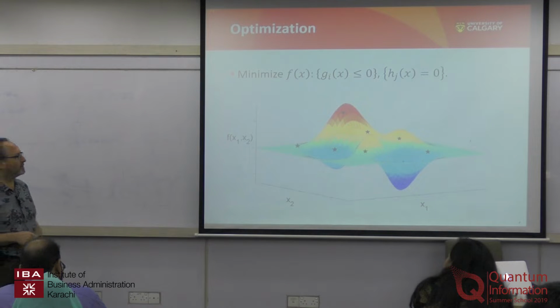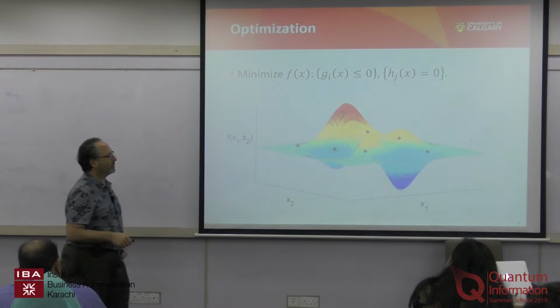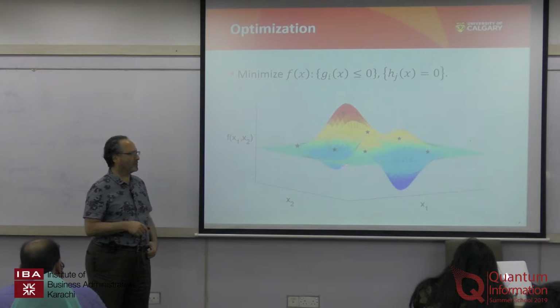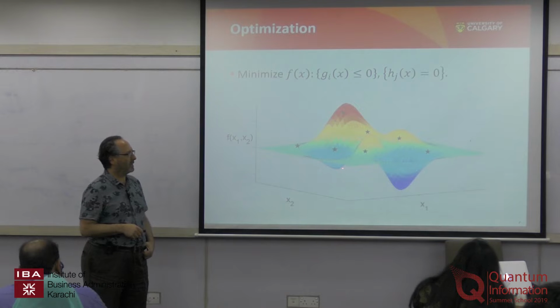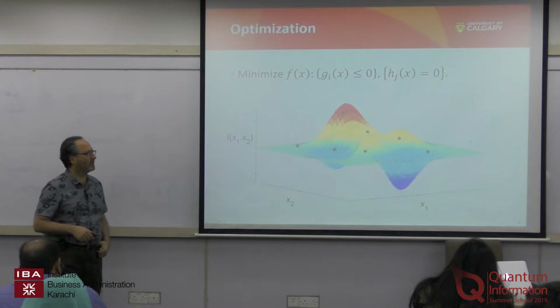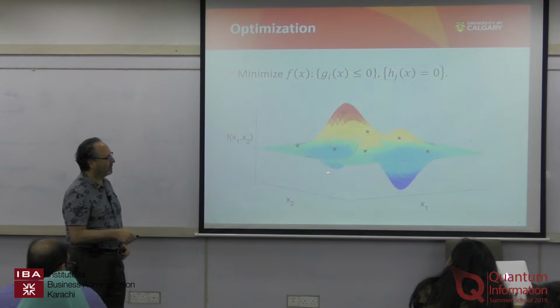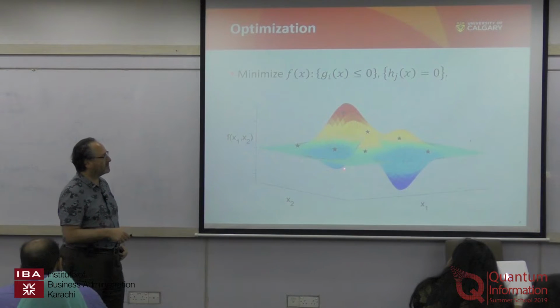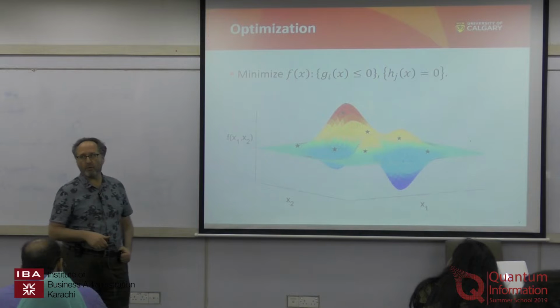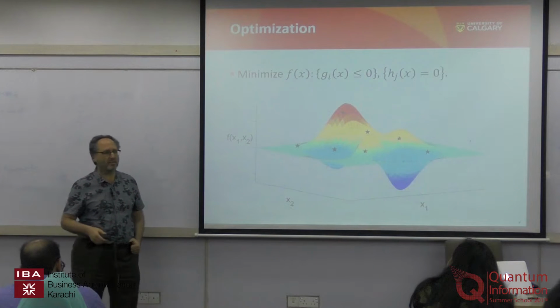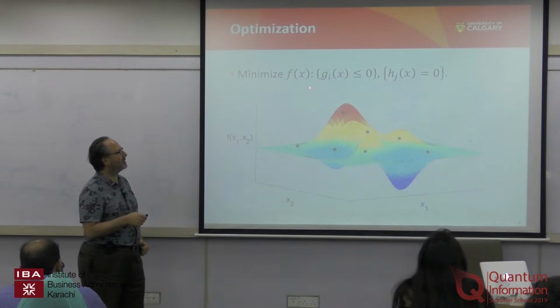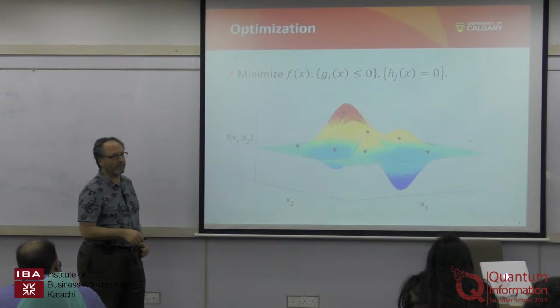Most optimization methods that are used are built around believing that there's only one minimum, so it ignores traps. And the problem of trying to find minima where there are multiple local minima and traps in the system is a very important problem. And there are ways to solve it, and I'll go into it. But essentially, this is the optimization problem: find the minimum.